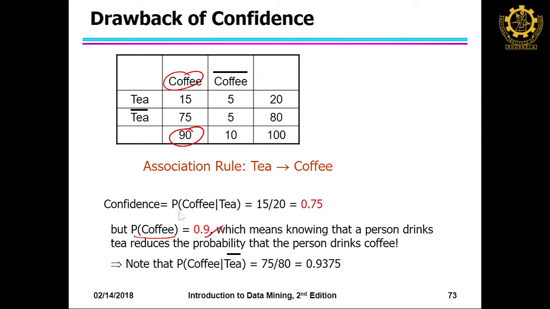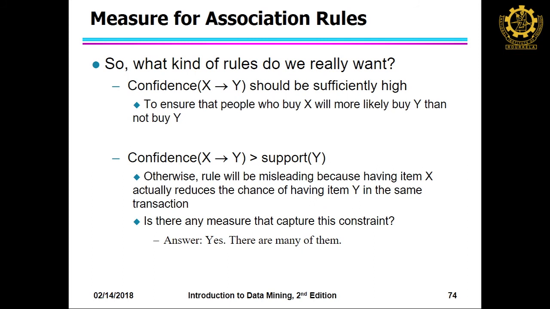So, confidence of X to Y should be sufficiently high to ensure that the people who buy X will more likely buy Y than not buying Y. So, confidence of X to Y should be greater than the support of Y. We are not considering the support of Y, because the formula says it is X and Y together divided by only the support of X. So, we should consider this part also. And what do we want? That confidence of X to Y should be greater than the support of Y.